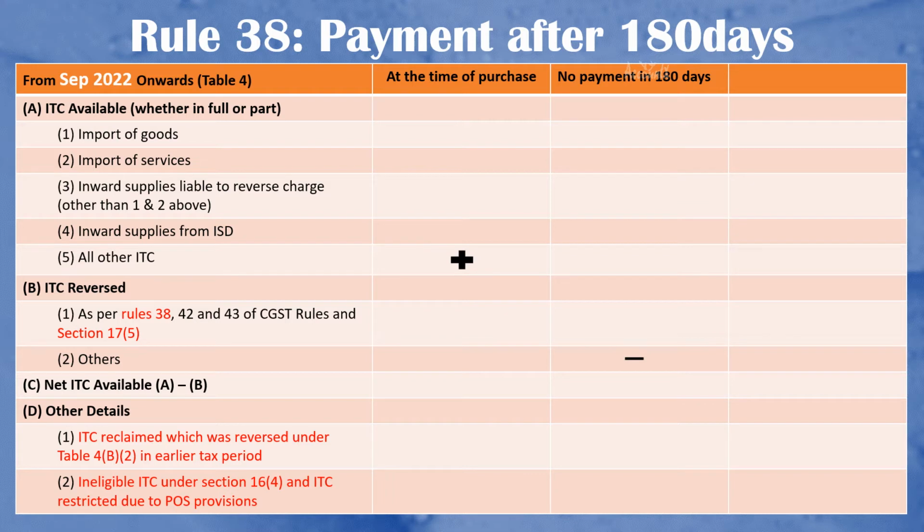So you are required to reverse this input tax credit, and this reversal can be made in table 4B2. We already know that. Then let's say you have made payment after 180 days. When you do that, you have to include this transaction again in table 4A5. In addition to that, you are also required to show this transaction in table 4D1.